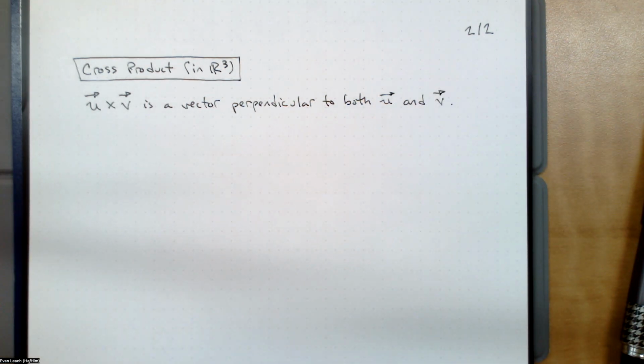U cross V, the cross product of these two vectors U and V, is going to be a third vector that is perpendicular to U and perpendicular to V.